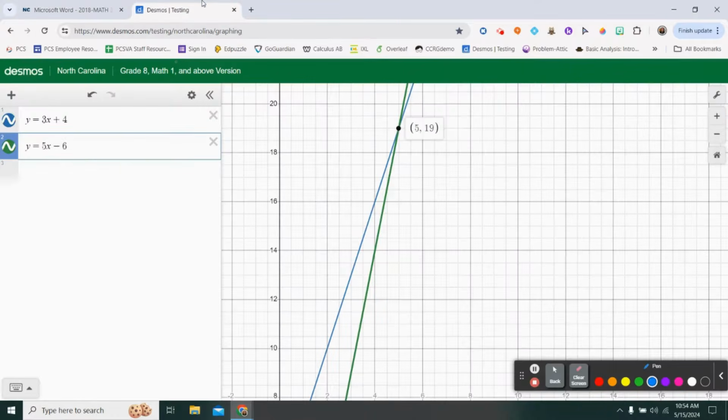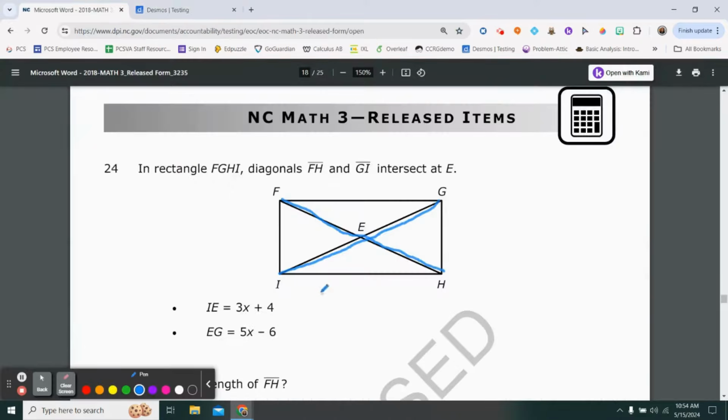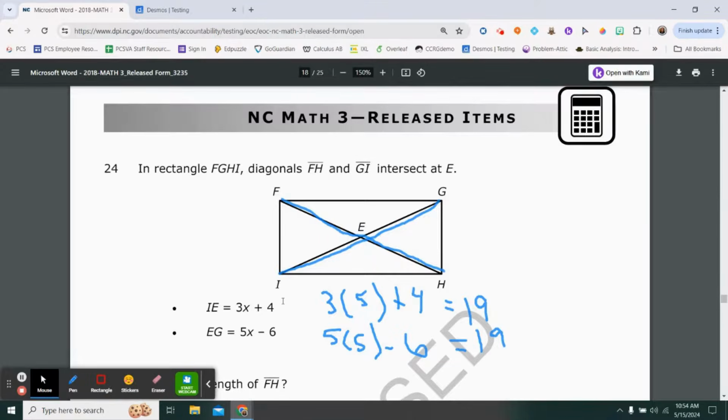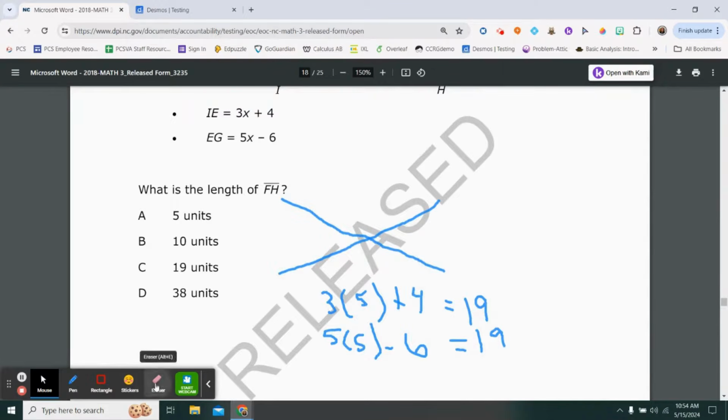So if I plug in 5, then I would have 3 times 5 plus 4 is 19. If I did 5 times 5 minus 6, that's also 19. So I need 2 19s to get the whole piece. So I would add them together and I would get 38.